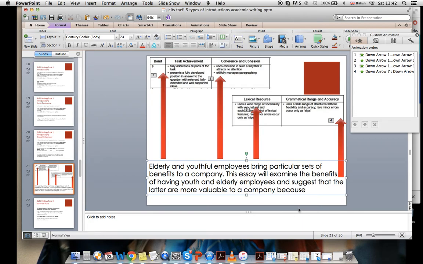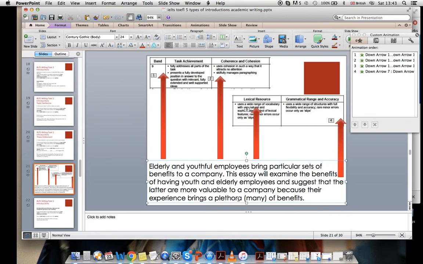Because, let's say, their experience brings a plethora of benefits. Still kind of general. Plethora means many. Basically, okay, that means many.